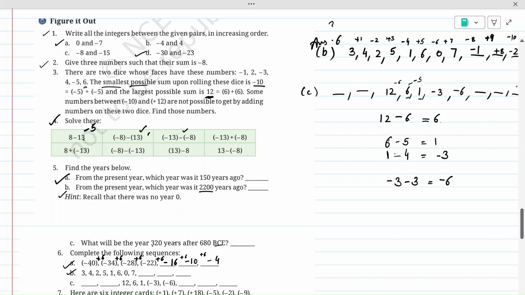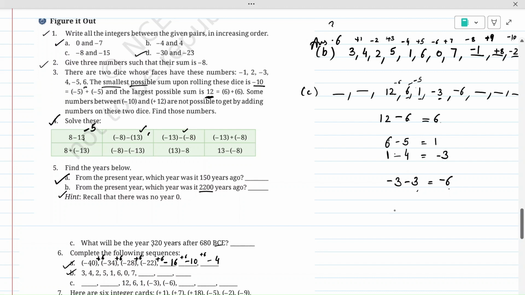See, we can very well see how it is working here. From 12, we are subtracting 6. So we have got the number 6 here. Again, I'm taking this 6, I'm subtracting 5 from it. And from the next number, I'm subtracting 4. From the very next number, I'm subtracting 3. That is minus 3. So I've got minus 6 here.